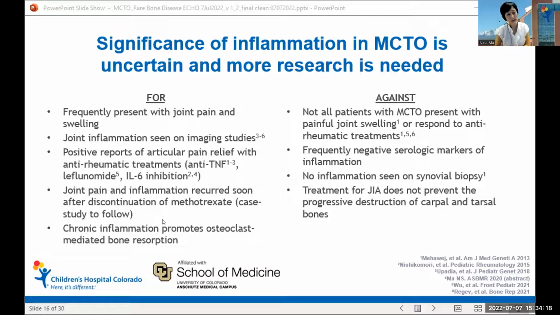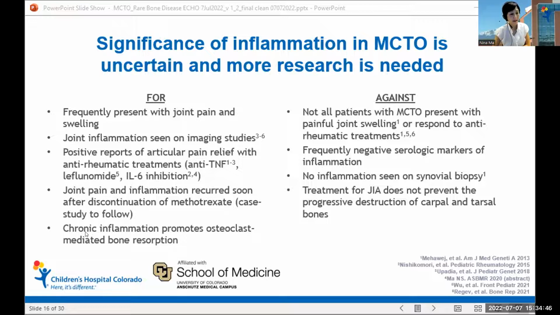And in the case study that will be presented following conclusion of the didactic portion of this talk, there's a young child that had begun to weight bear and walk after initiating anti-rheumatic treatments. Additionally, that patient re-demonstrated joint pain and inflammation on imaging studies when the methotrexate was withdrawn from her treatment plan.